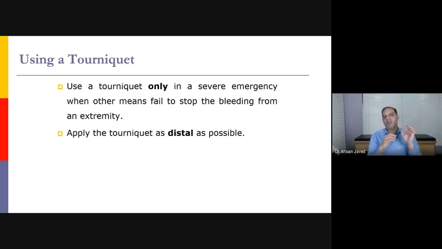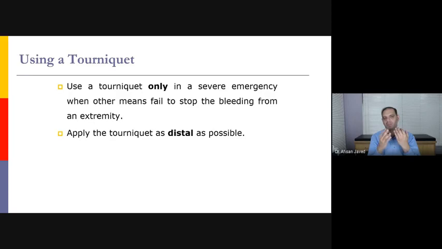One reason for applying the tourniquet is stoppage of bleeding, but at the same time you are stopping the blood flow to all the normal areas and normal tissues also.